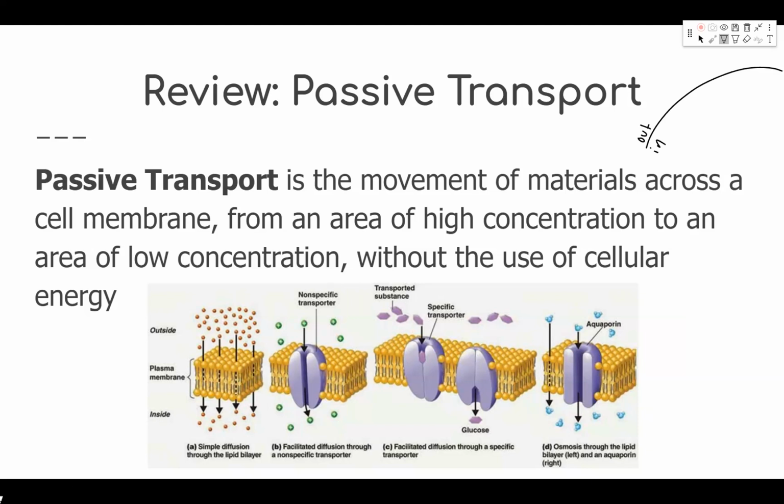We've got a lot of stuff inside the cell and only a few things outside of the cell. If that is able to freely move, will they move in or out of the cell? Out. Movement is going to be out because they're going to move from an area of high concentration to an area of low concentration. This does not take energy.